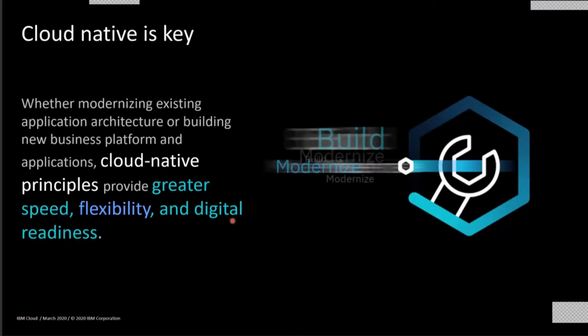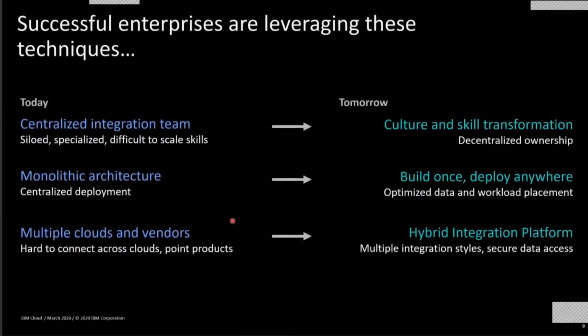And this is a big discussion point. We could tackle it sometime. But IBM is gearing itself, and we're completely pivoting the company to work in this way. So successful enterprises are leveraging these techniques.